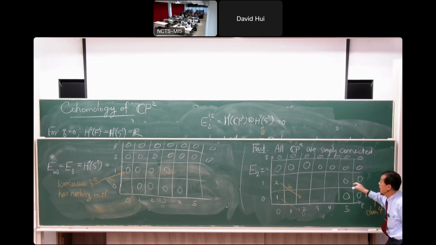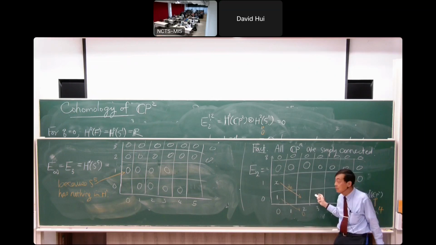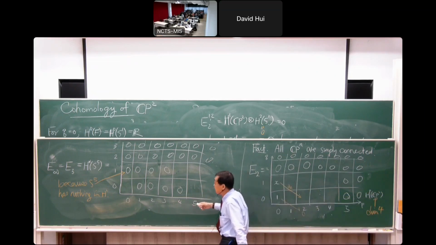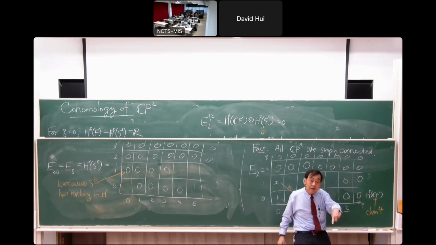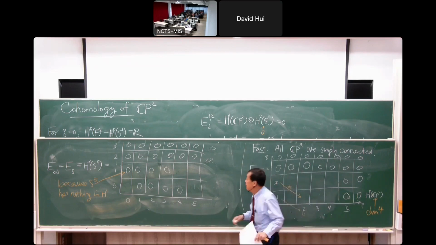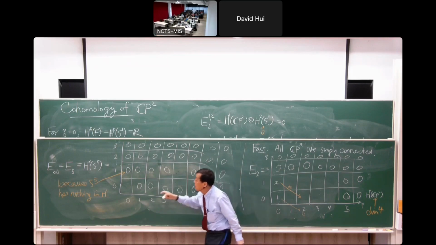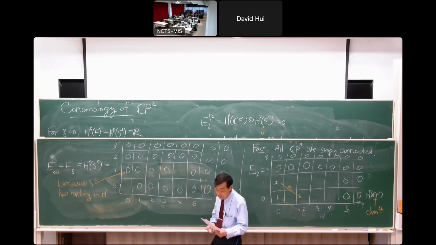So actually, you only have these few boxes that can be non-zero, okay? And once it's 0 in E2, it has to be 0 forever, because you were just taking cohomology of this box to get the next box, okay? So this has to be 0. In fact, we know that all of these are 0. Yeah, so H5 of S5 has to go into this box, okay?